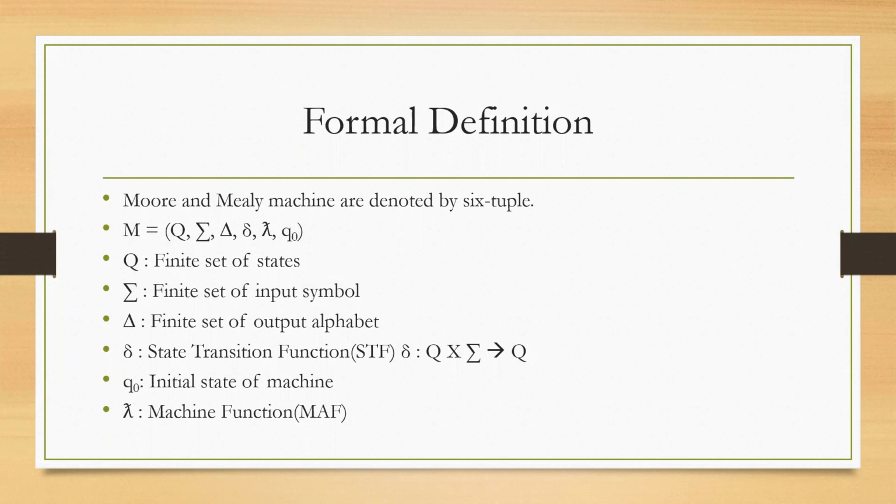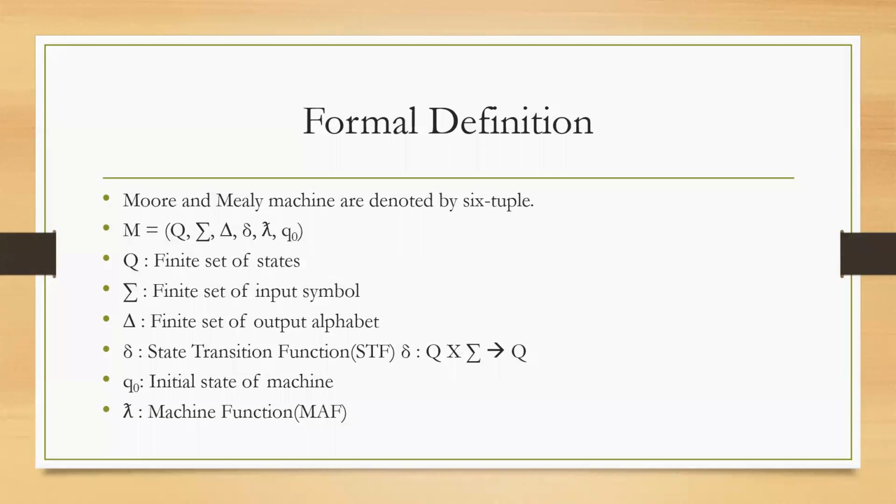So here your Q, which you know is a set of states, then sigma, then Q0, then your delta. It all has the same meaning as the previous. So Q is a finite set of states. Then sigma is a collection of input symbols.